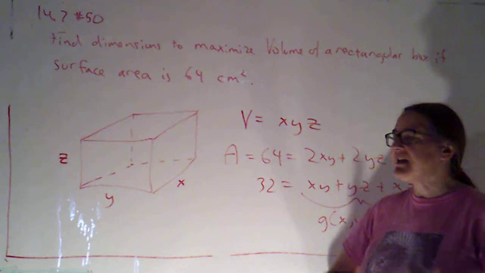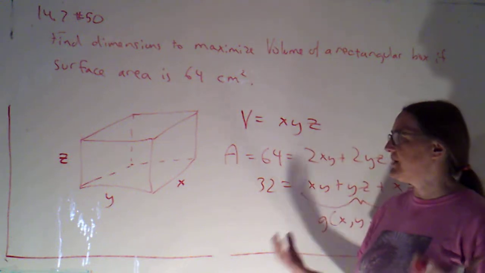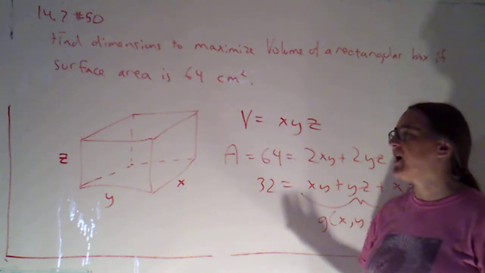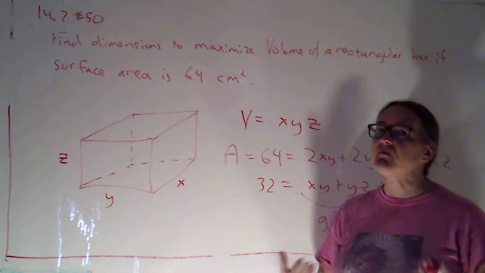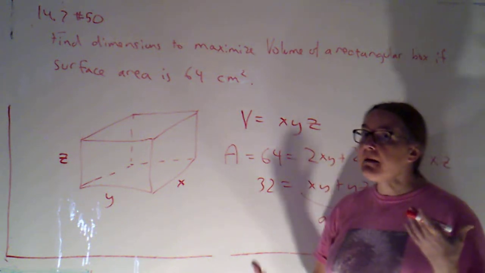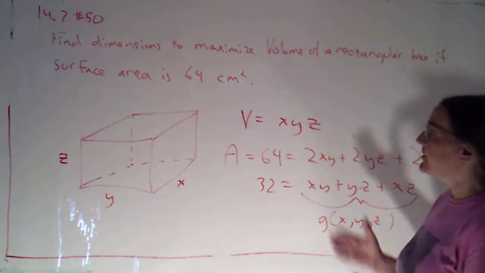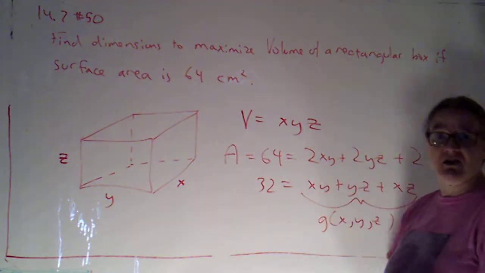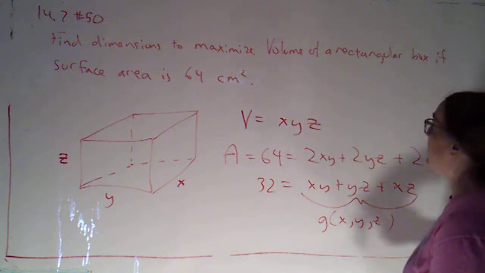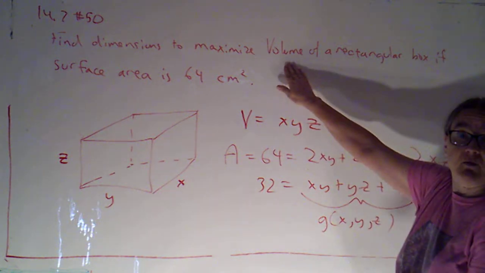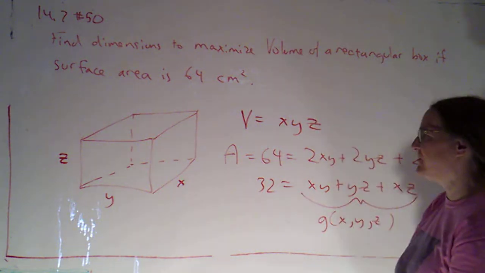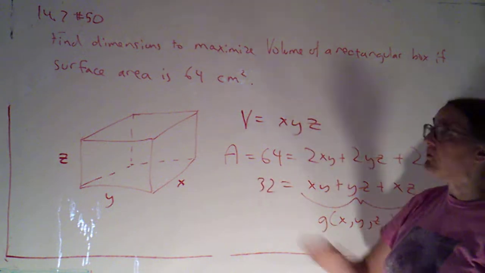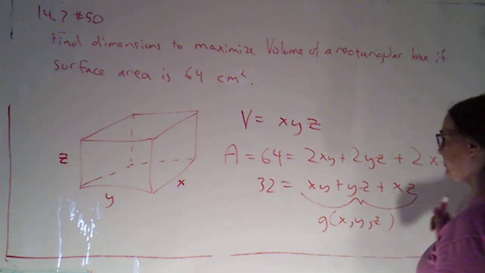They have to be legitimate side lengths for a rectangular box. They cannot be negative. In theory, x, y, or z could be 0. That would just give me a degenerate box. And I'm actually okay with that idea because I know that's not what I care about. That's not going to maximize volume. If any dimension is 0, the volume is 0. But I'm not allowing negative values.